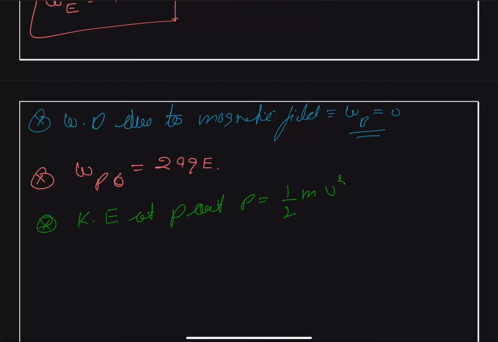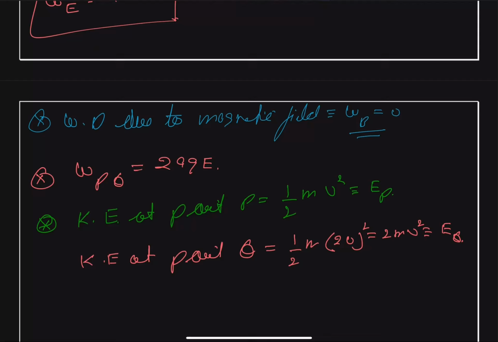Let us call this EP. Similarly, we can find out the kinetic energy at point Q, which will be half m, velocity is given as 2v, squared, and we can write this as 2mv square. Let us call this EQ.